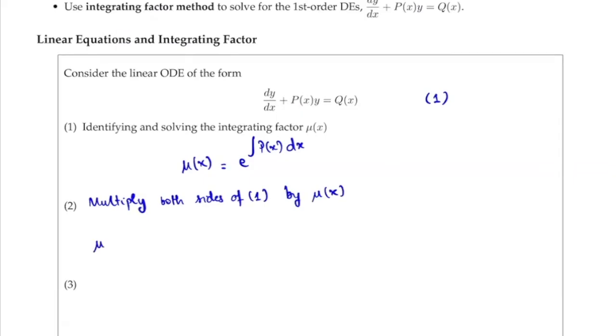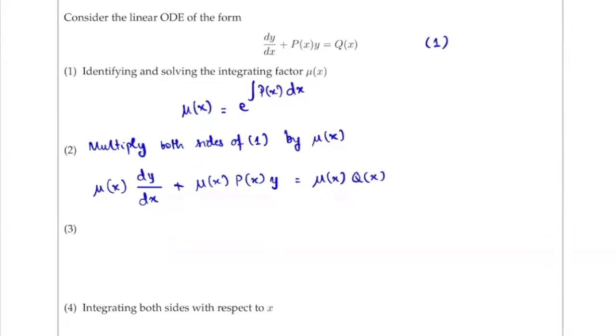That is, you have mu of x times dy/dx plus mu of x times p of x times y equal to mu of x times q of x. So that's the next step, and I'm going to call this equation 2.